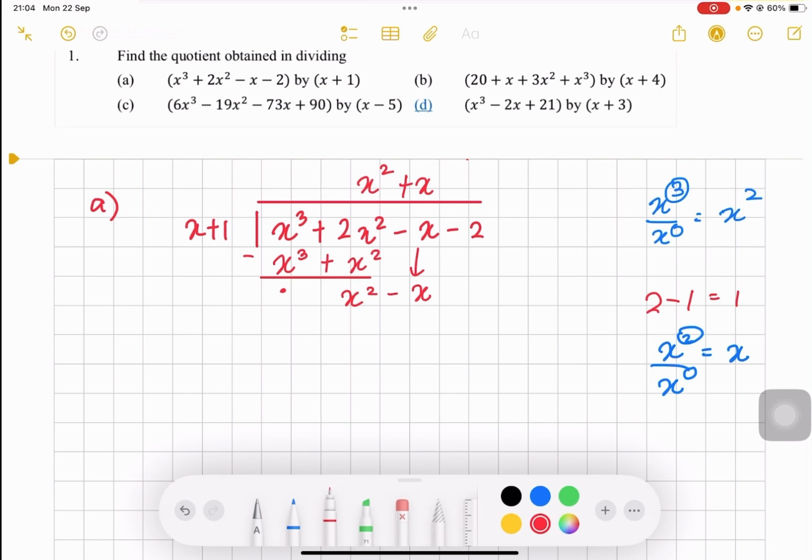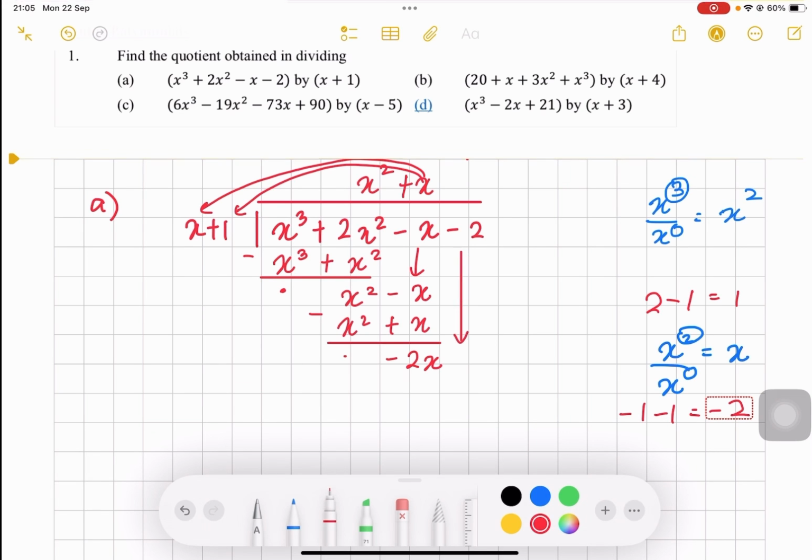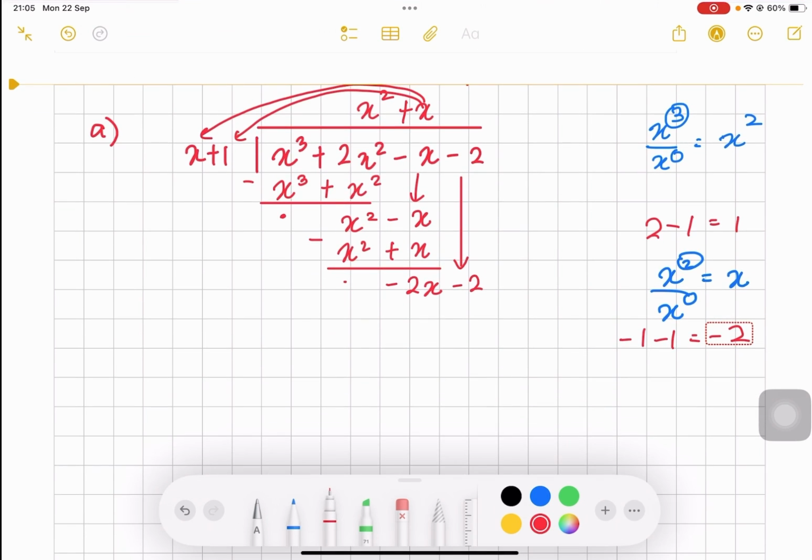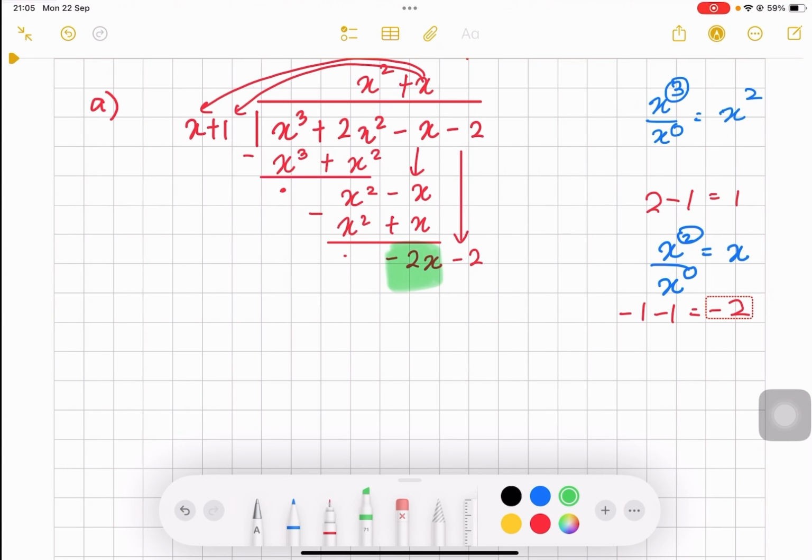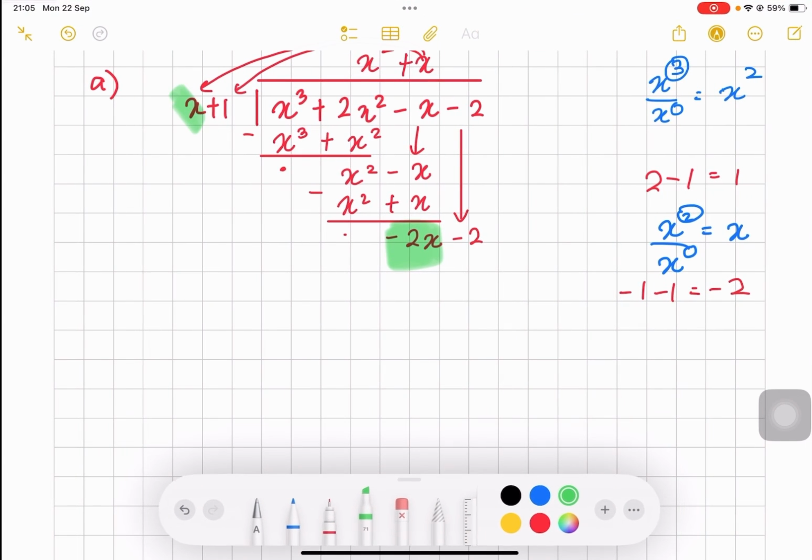Now do the same thing, x times x squared, x times 1, just x, then negative 1 minus 1, negative 2, negative 2x, negative 2. Again we want to eliminate negative 2x using x, so negative 2x divided by x becomes negative 2.